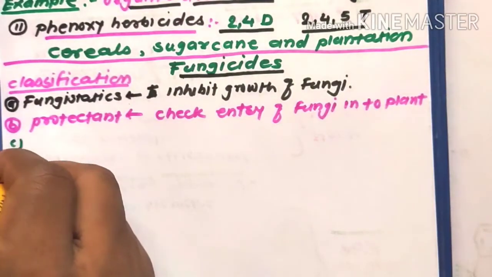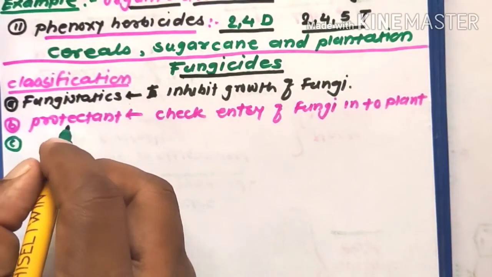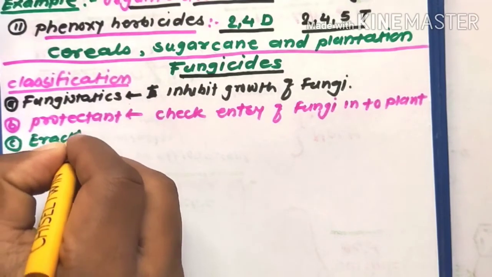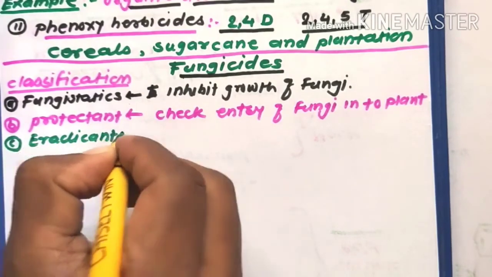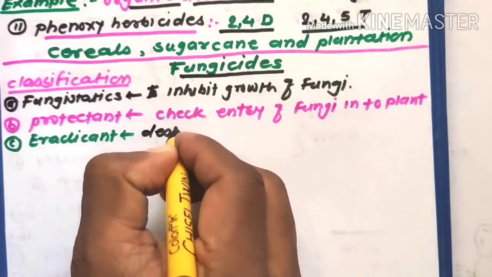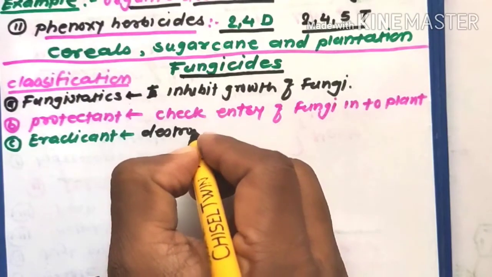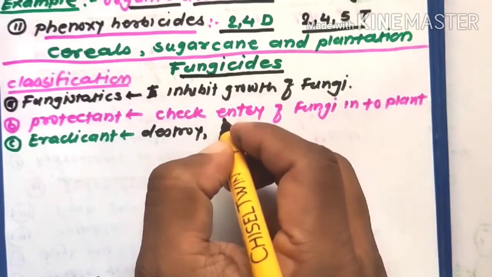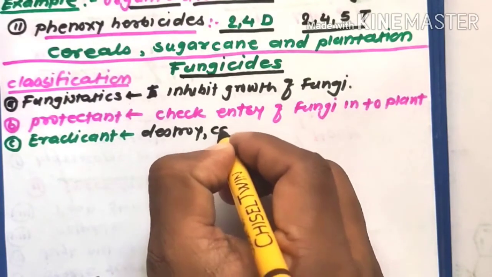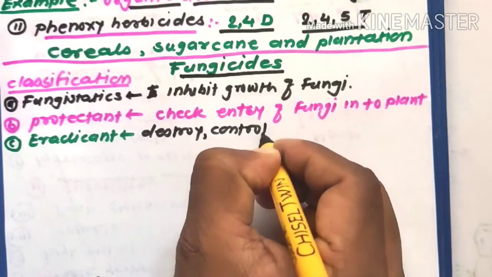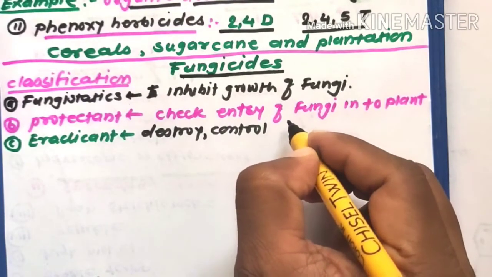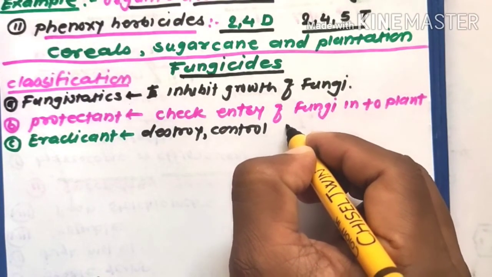Then the third class, eradicants. They destroy and control the established organisms.